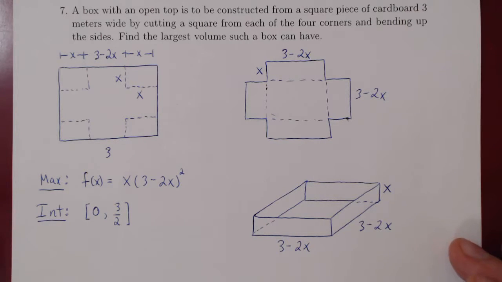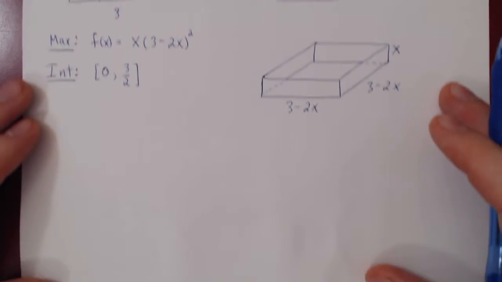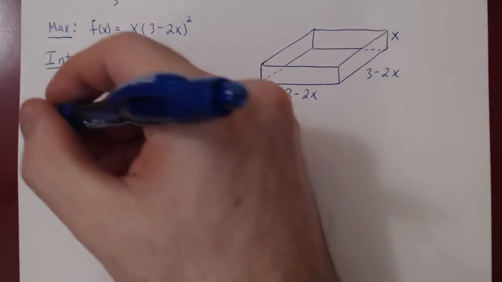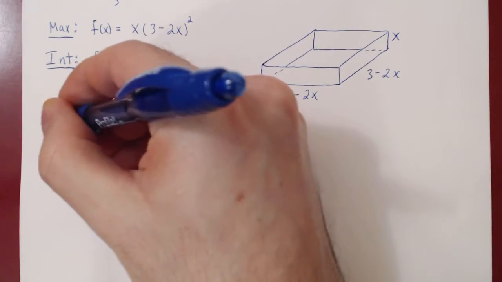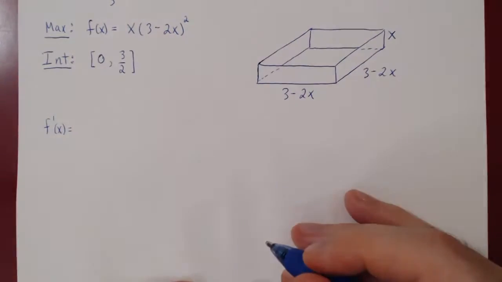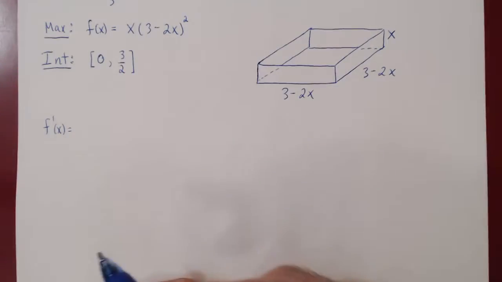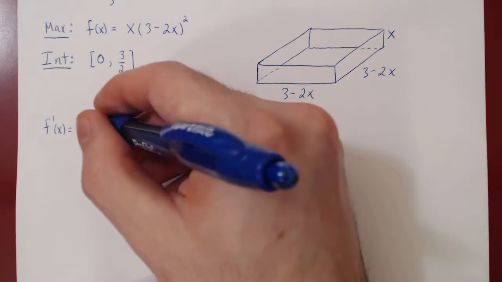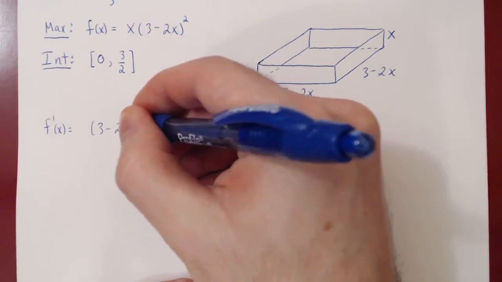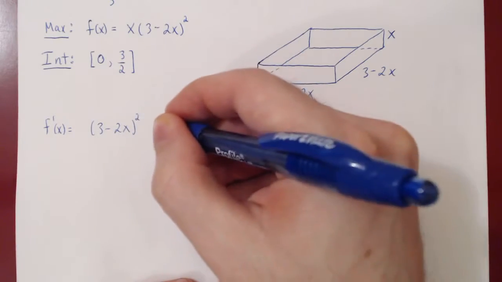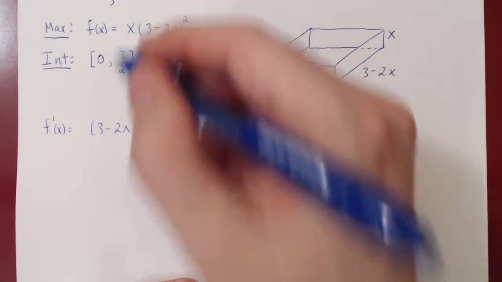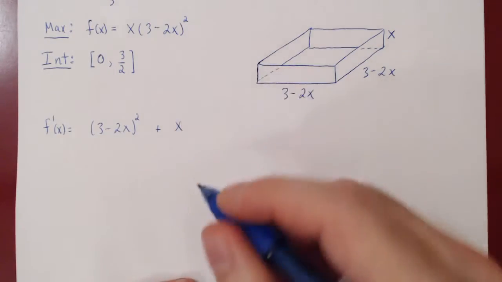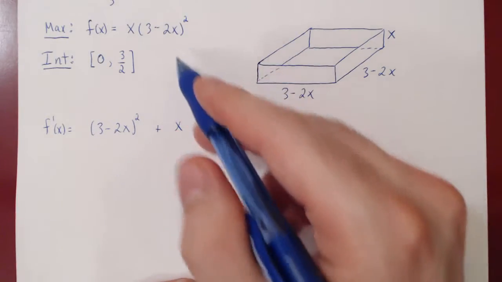Well, to find the critical points, or point, we don't know, let's differentiate. So f prime of x. We have a product, so we use the product rule. Derivative of x is 1 times the second function, (3 minus 2x) squared, plus x, the first function, times the derivative of the second function.